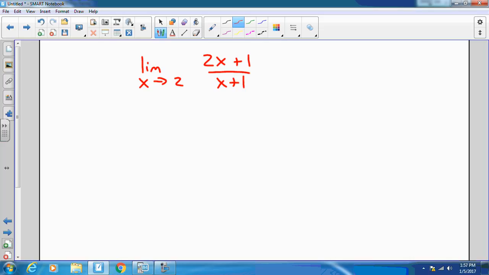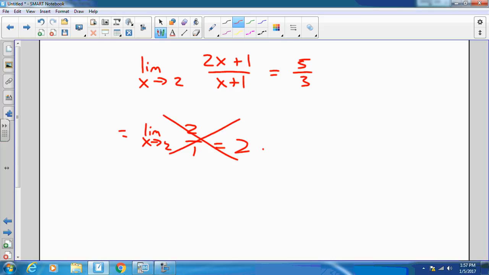If I just check the form, I can see that this limit is equal to 5 over 3, right? No problem. But these students have become so automatic with their use of L'Hopital's rule that they don't bother to see that the form is not L'Hopital's eligible. And so I have students every year that will try to take something like this and do derivative over top over derivative bottom. No, wrong.